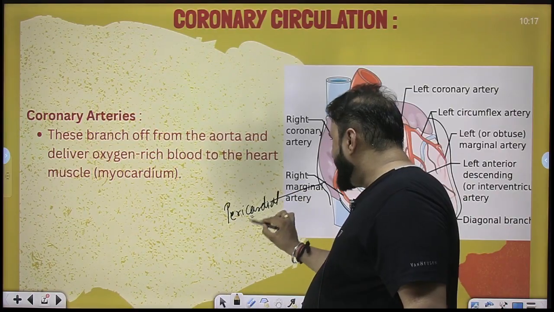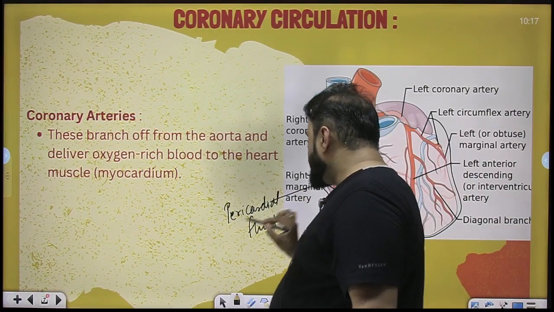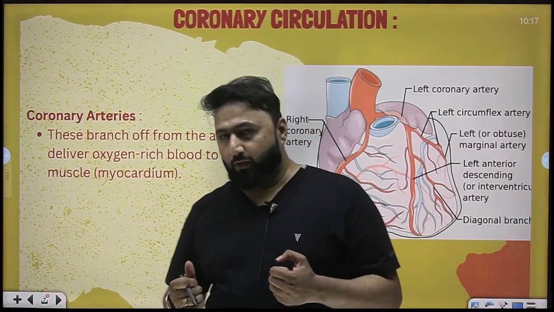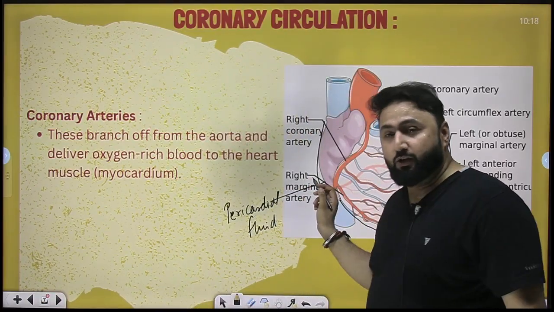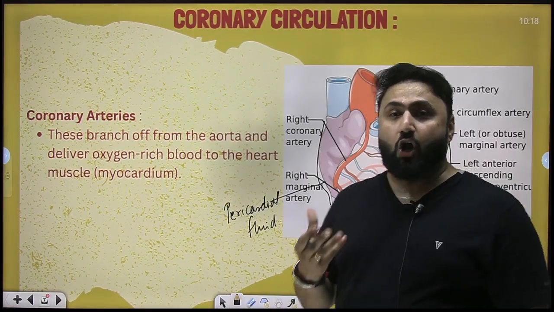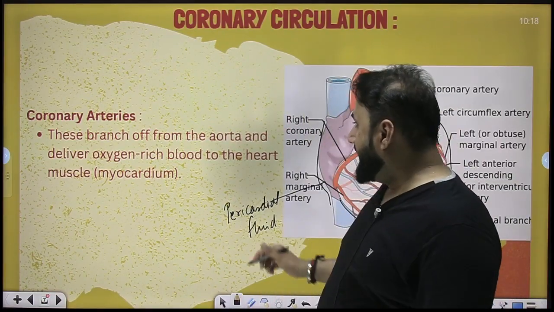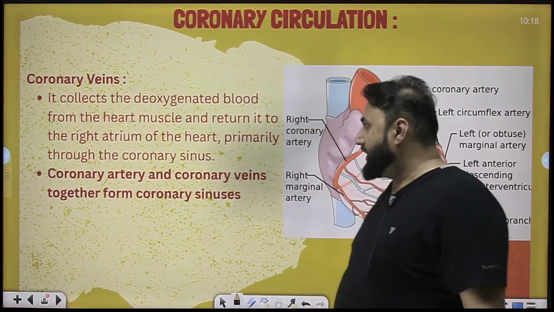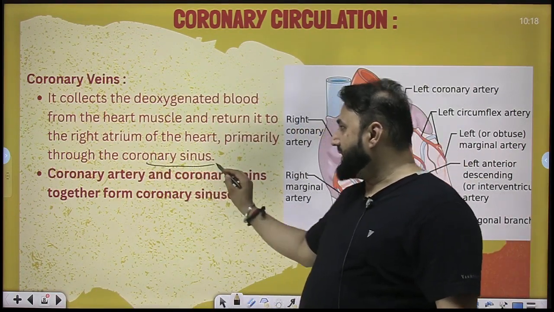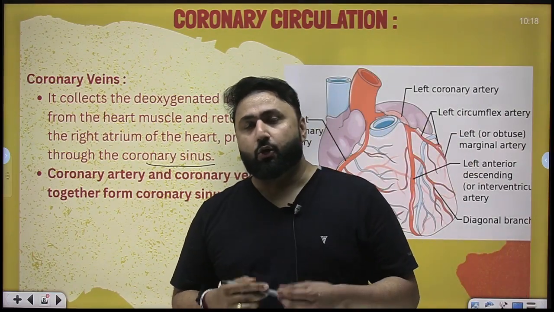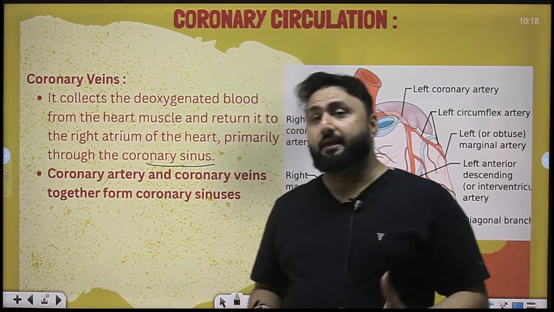This fluid would be acting as a shock absorbent. Okay, now regarding coronary veins, as I told you, the biggest vein would be coronary sinus, and coronary arteries and coronary veins together form the coronary circulation.